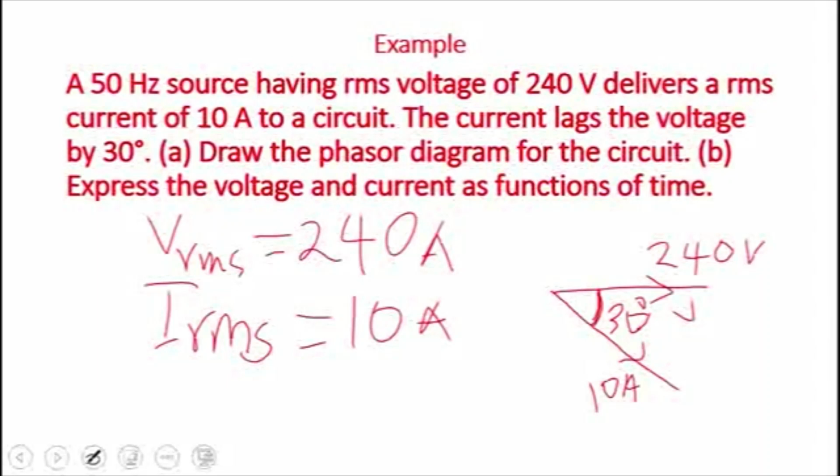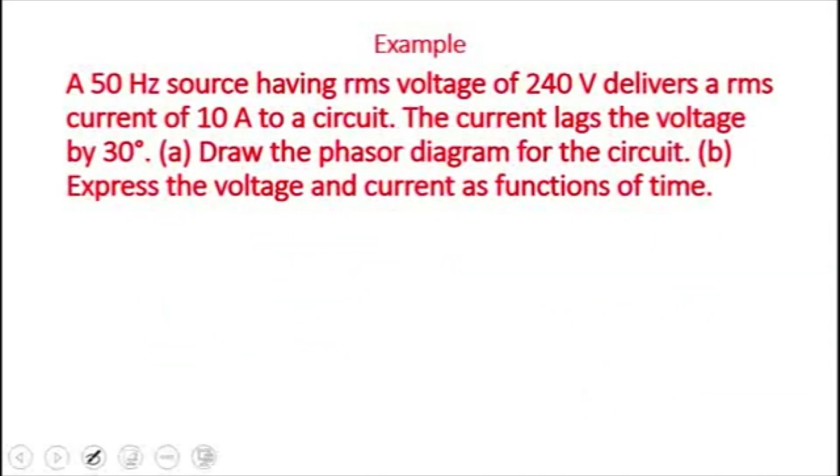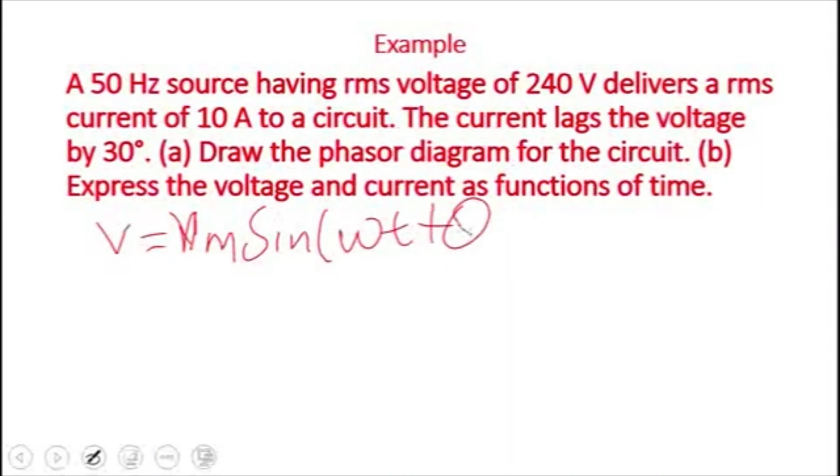And the second question, the B part, is saying express the voltage and current as functions of time. To do that, let me first of all erase everything. We always know that our V is represented by Vm sine omega t plus phi.